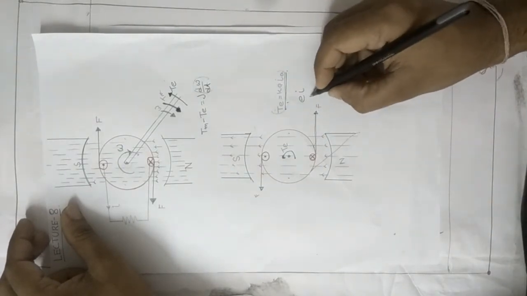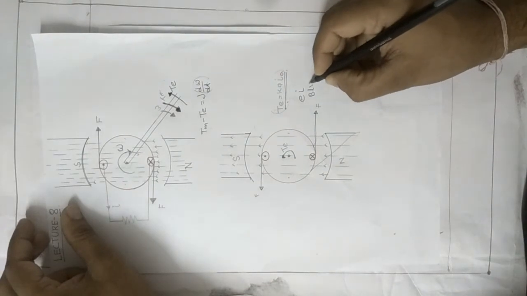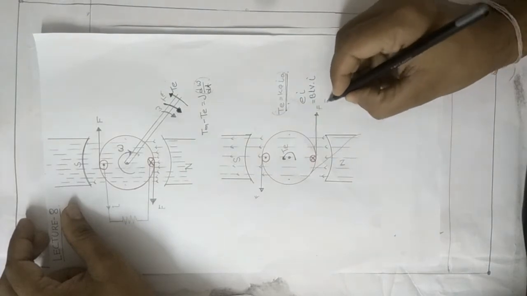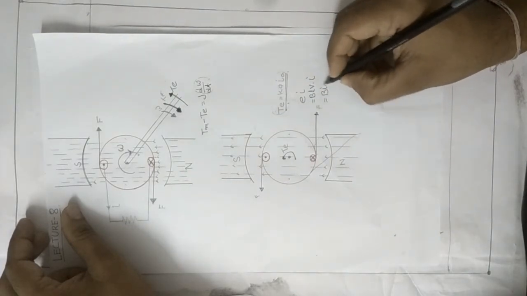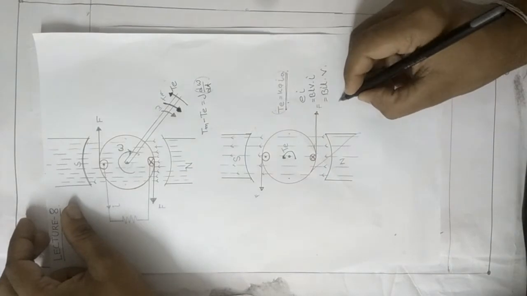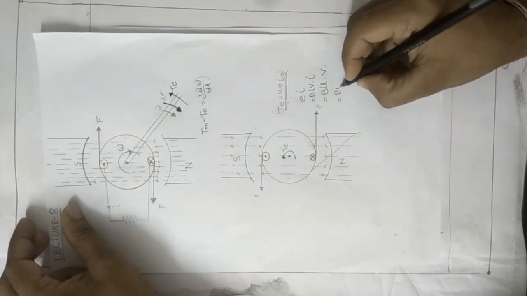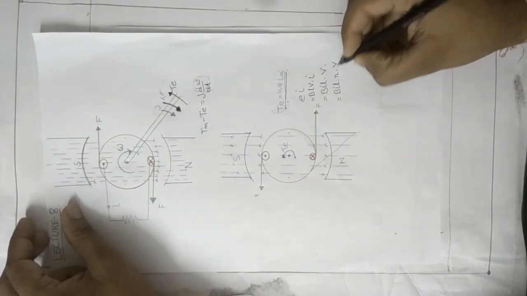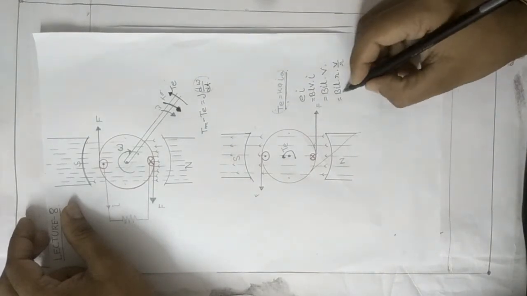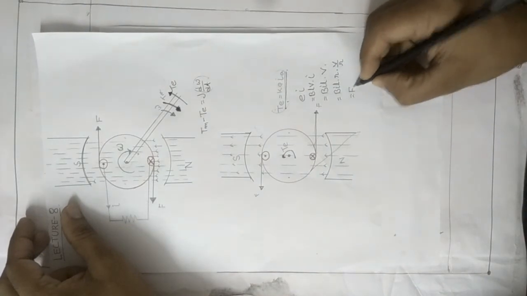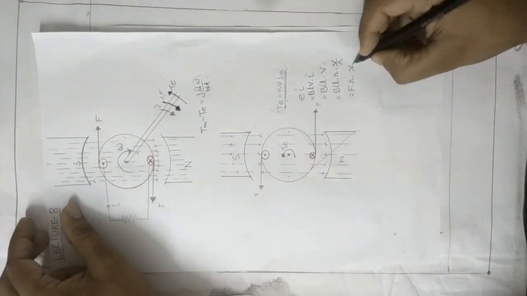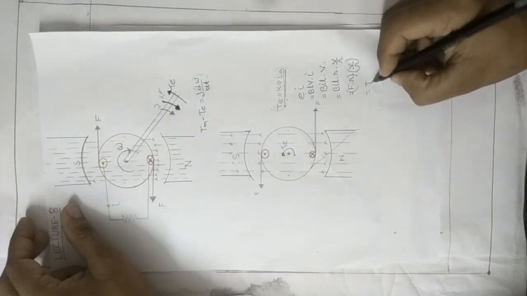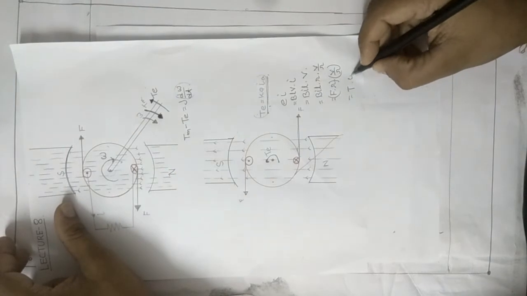Induced EMF can be written as BLV into I. So this can be written as BIL into V. So this can be written as BIL into R into V by R. BIL is force, so this is force into radius into V by R. Now force into radius is nothing but torque and V by R is nothing but omega.